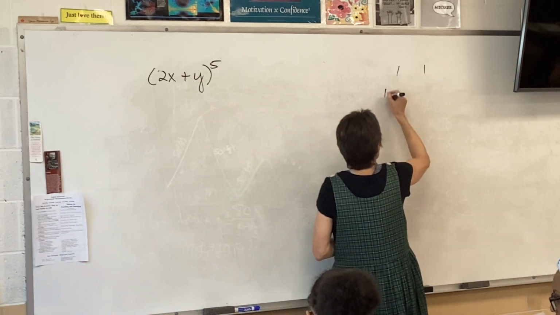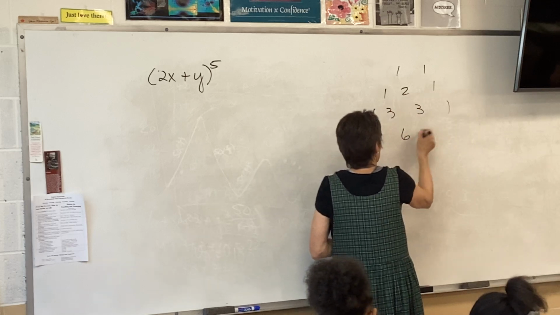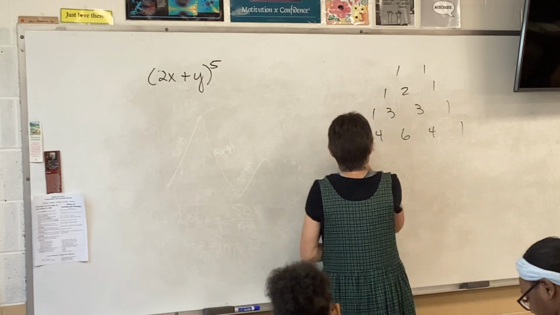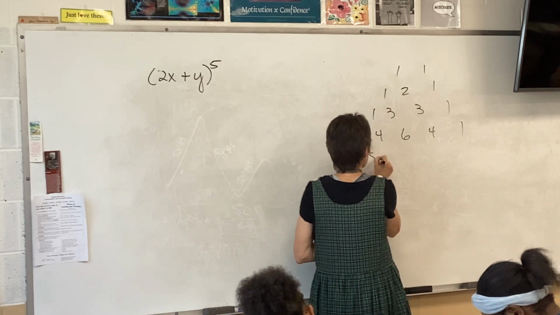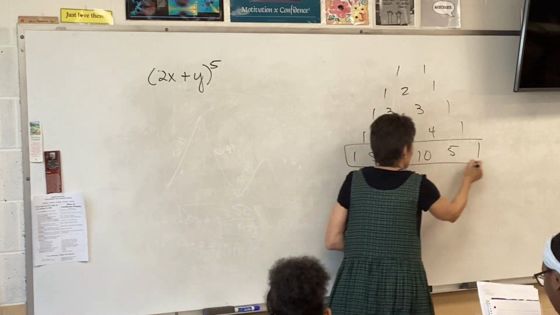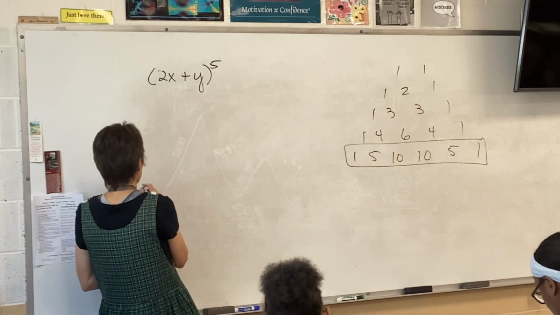And we need the 5th row of the triangle. So the numbers I need are right here. These are the numbers I need. That's the 5th row. So I'm going to write down those numbers.